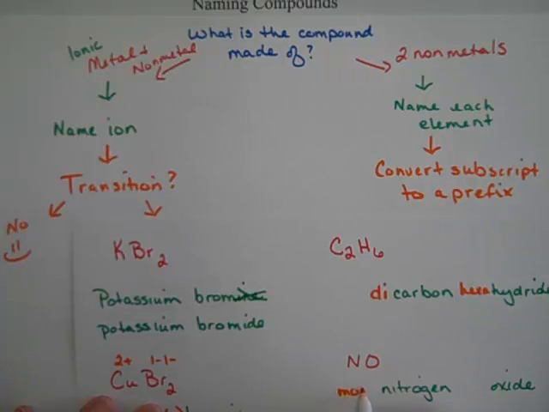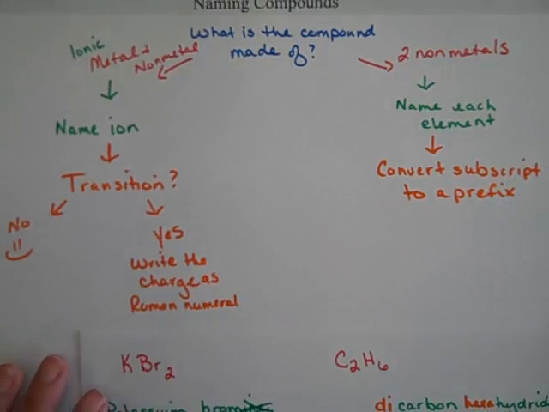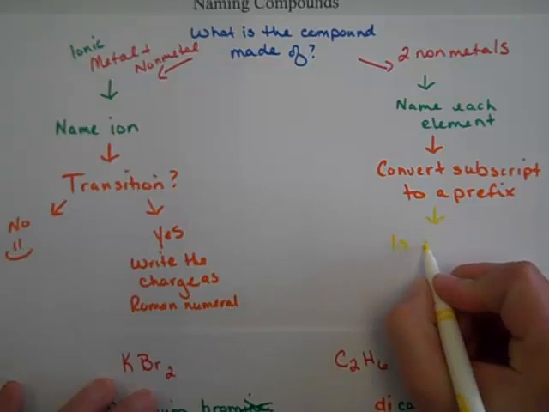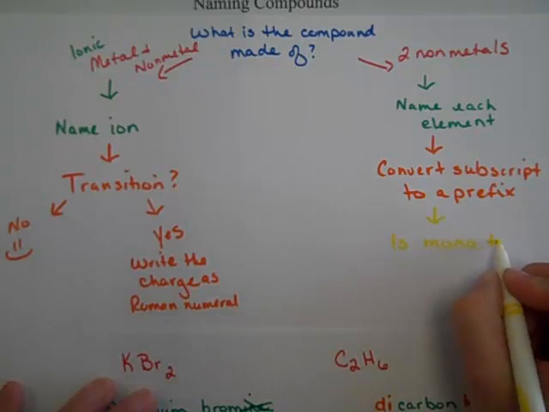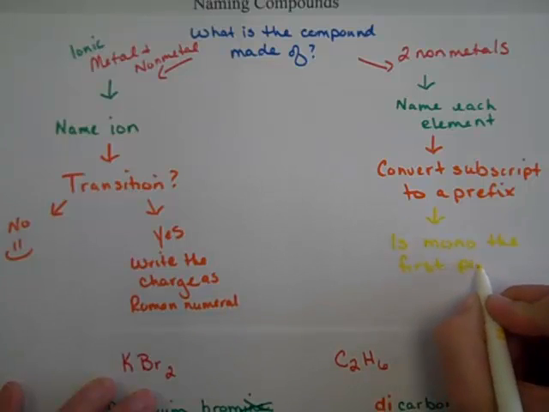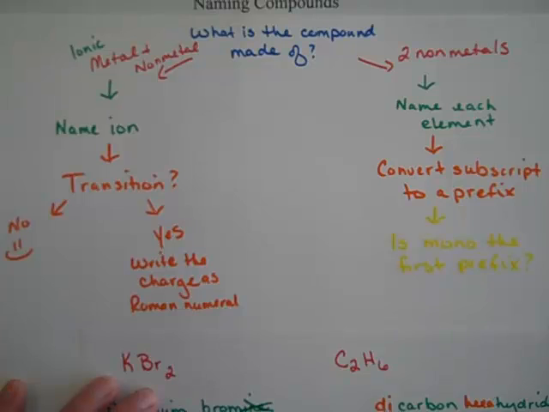So we would have mono nitrogen, monoxide. But remember, another question that we ask here is, is mono the first prefix? That is important.